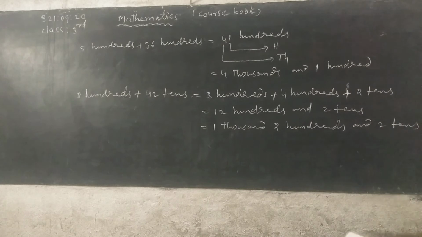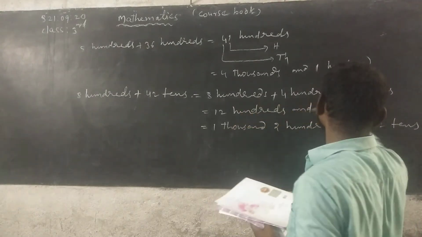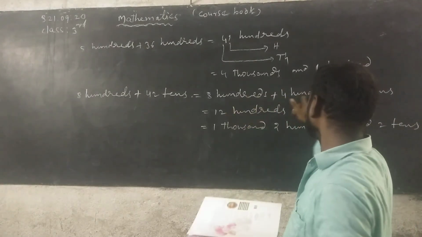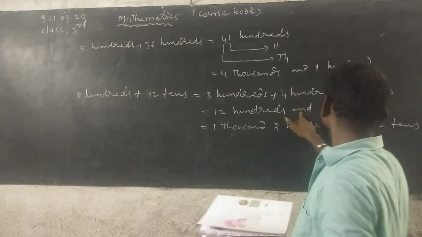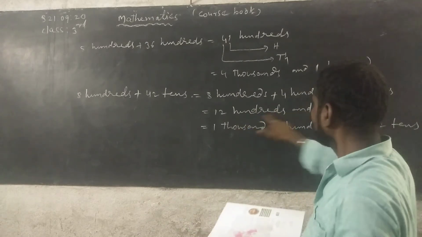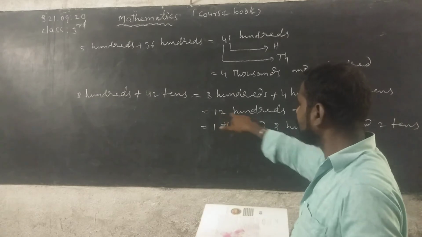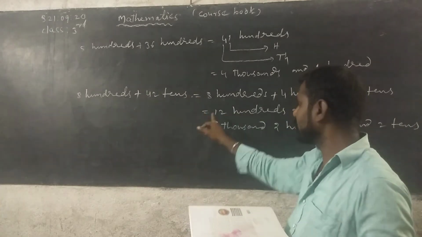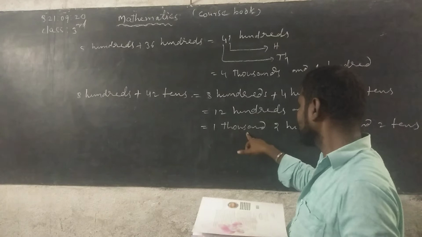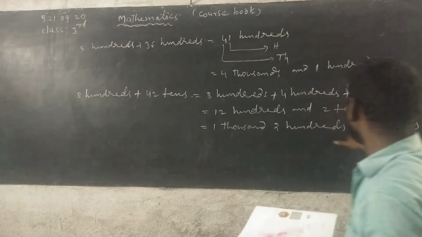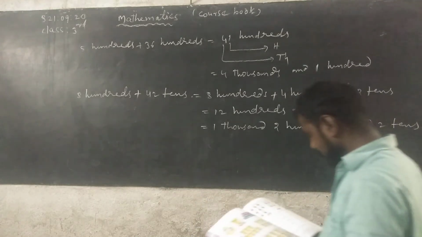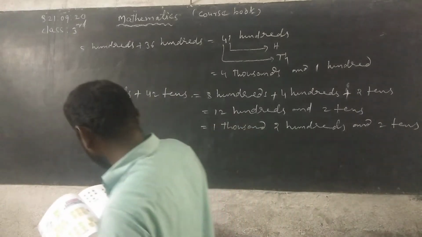Did you understand? 8 hundreds plus 4 hundreds plus 2 tens. 8 hundreds plus 4 hundreds, 12 hundreds, plus 2 tens. So 2 is in hundreds place and 1 is in thousands place. Then you can write 1 in thousands, 2 in hundreds and 2 tens. That's it. Next one, last one.